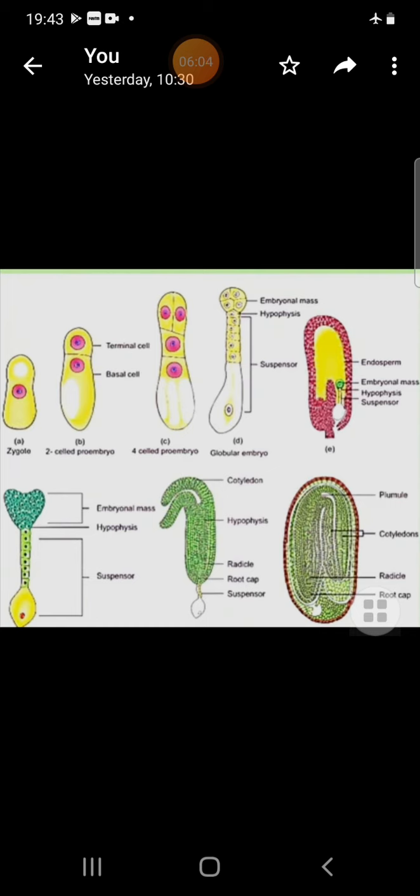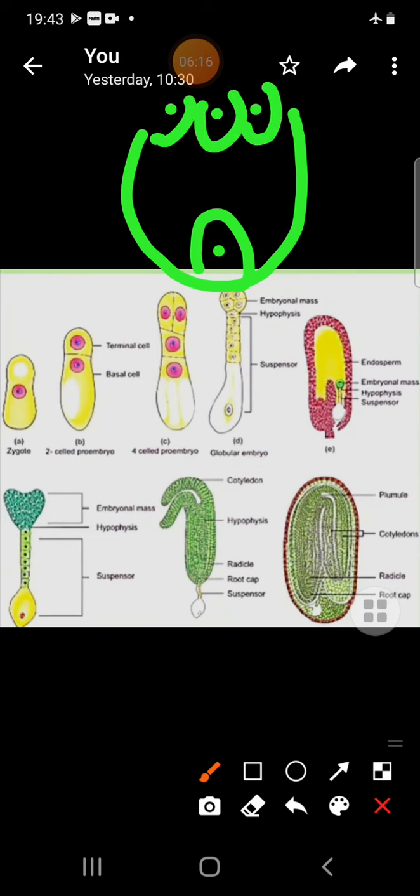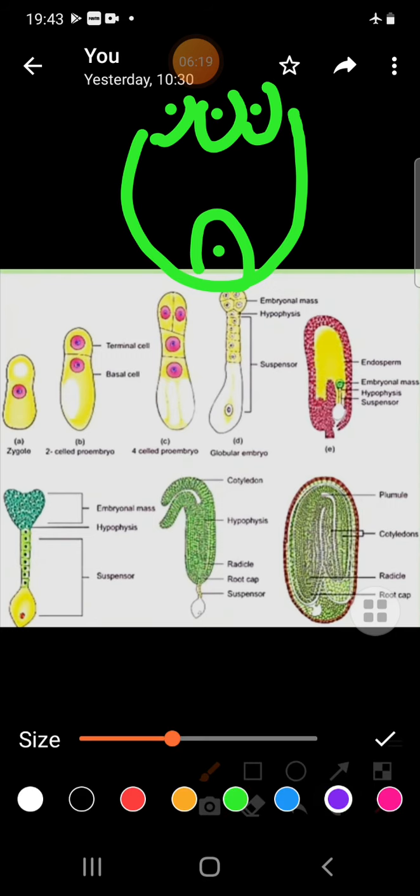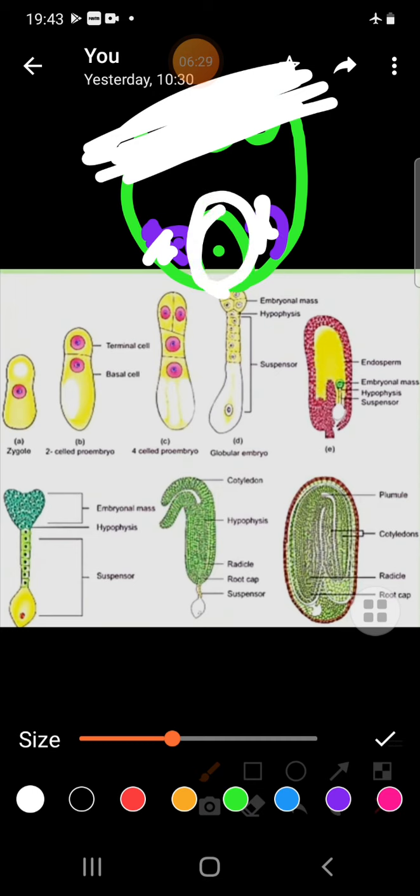So let's understand how the development happens. सबसे पहले क्या हुआ? Male gamete has fused with the egg cell, right? And once the male gamete fuses, जो antipodals हैं और जो synergids हैं वो सब disintegrate हो जाते हैं, they just vanish. All that is left is this structure, that is the zygote, right?